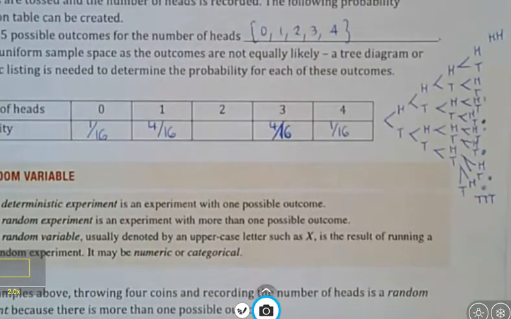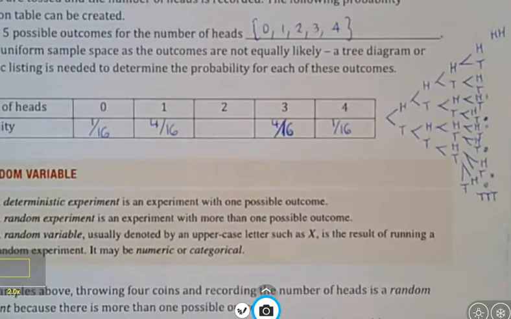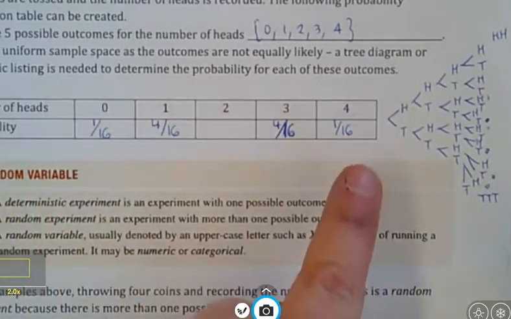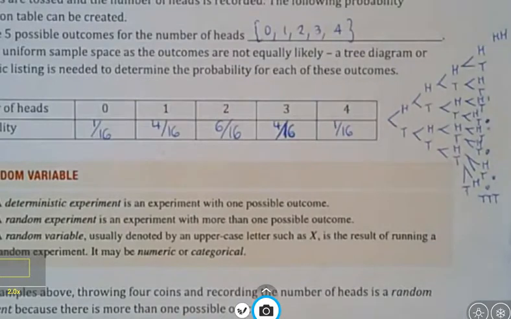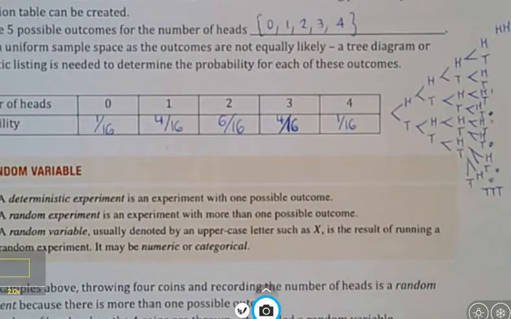And the ones with 2 heads, tell me a smart way to do this. Well, if I've got 1, 2, 4 there and 4 there, that's 8, 9, 10. How many would be 2 heads? There'd be 6 of them. And you could go in and count them if you wanted. How do you know that there would have only been 6?